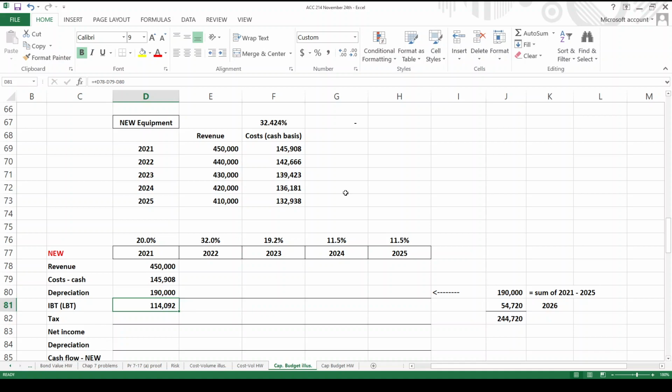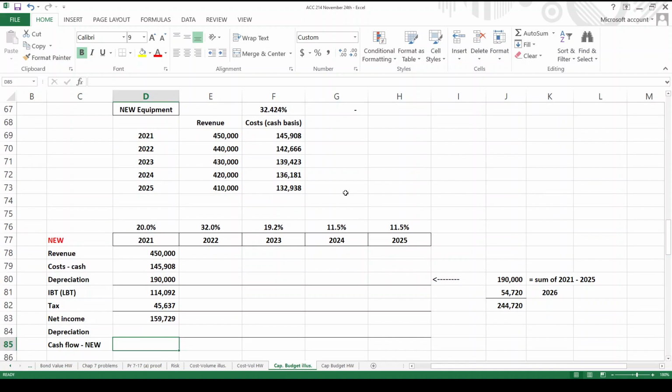And what's the bad news? You guessed it, we have to share. So we're going to calculate the tax on this at 40%, 45,000. Then we get to the net income, take off the tax. We got 159. And what's the first thing you add back on the statement of cash flows?